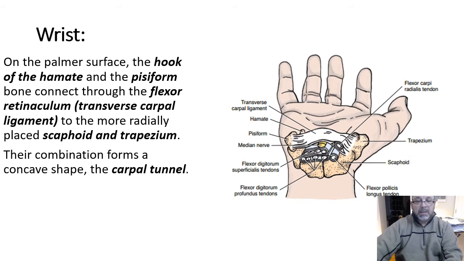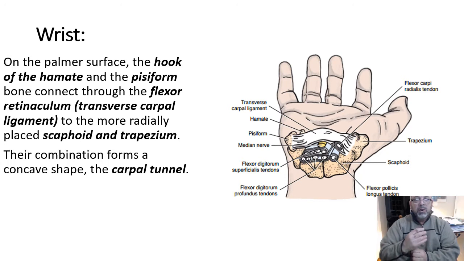The wrist has this flexor retinaculum, also known as the carpal ligament. The flexor retinaculum wraps around the wrist and helps to form the carpal tunnel below.